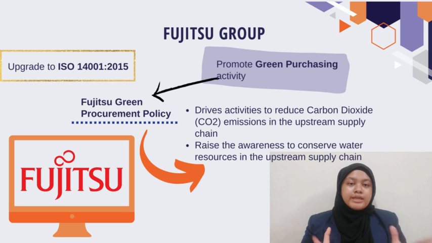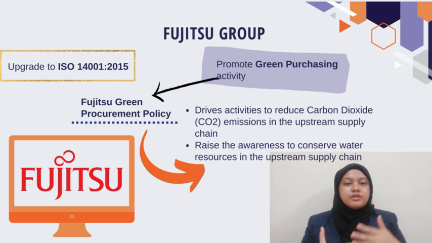The company promoted green purchasing activity, which led to the establishment of the Fujitsu Green Procurement Policy. This policy drives activities to reduce carbon dioxide, CO2, emission in the upstream supply chain and raise awareness to conserve the water resources in the upstream supply chain.